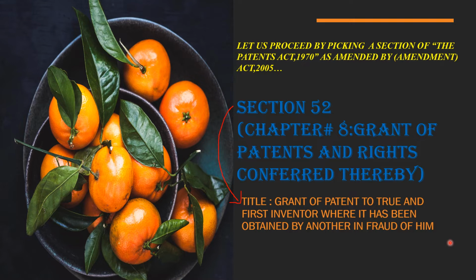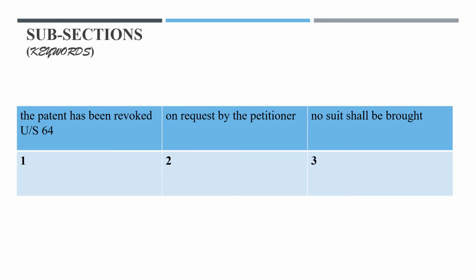and for the definition of the true and first inventor, please refer to section 2, subsection 1 and clause Y of the Patents Act 1970 as amended by Amendment Act 2005. Fine. Okay, we can proceed now. There are three subsections in section 52 and let us find the key terms or key phrases here. For subsection 1, this is the patent has been revoked under section 64.